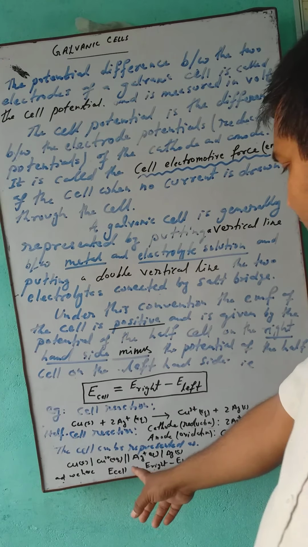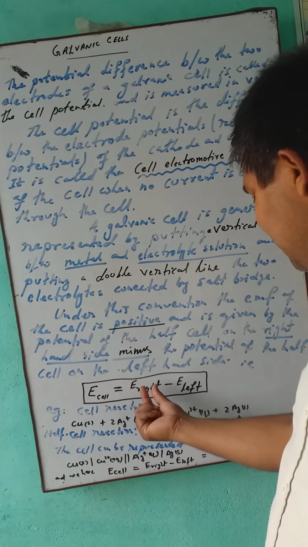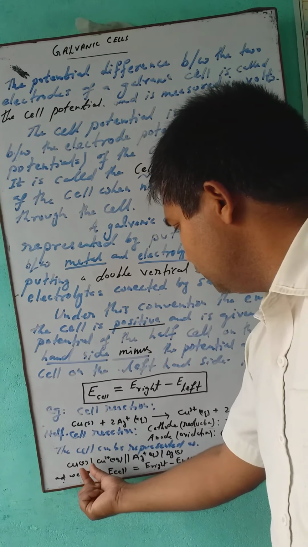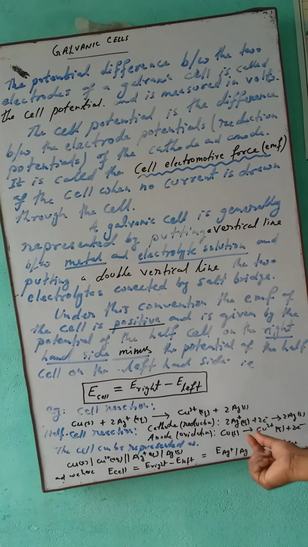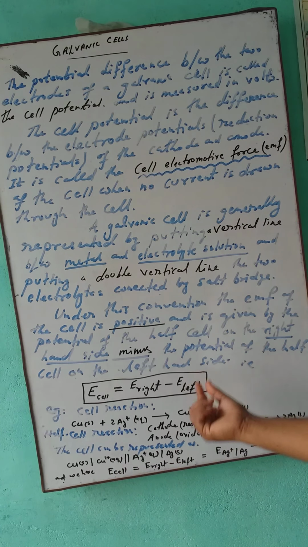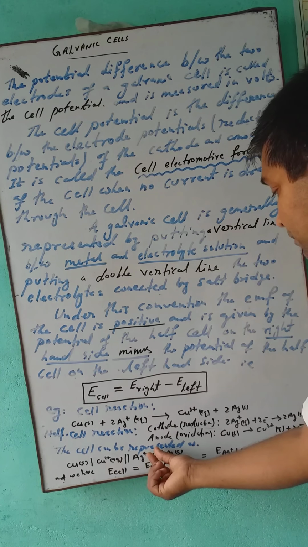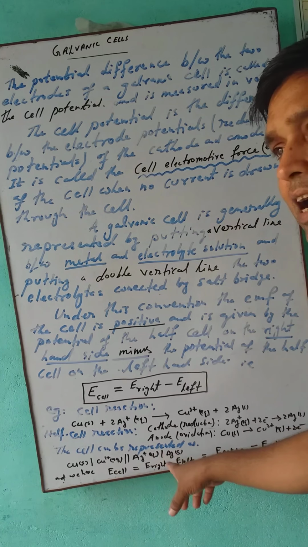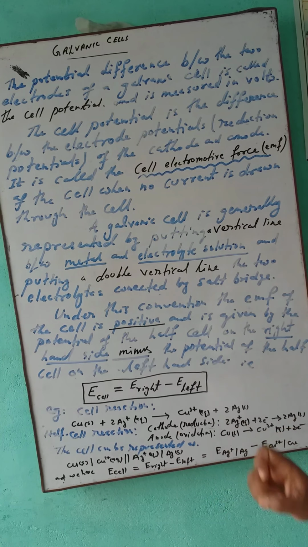So here, first of all, the right side is taken: copper, vertical line, copper ion, double vertical line, silver ion, vertical line, silver. So we can indicate it like this.